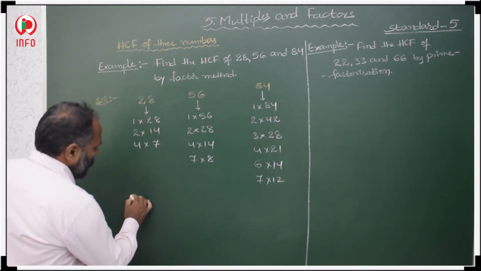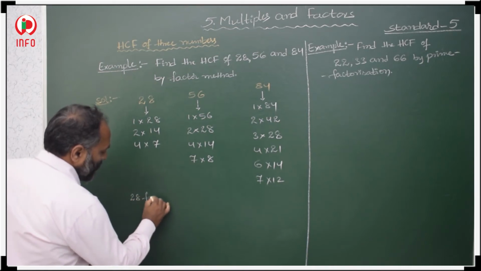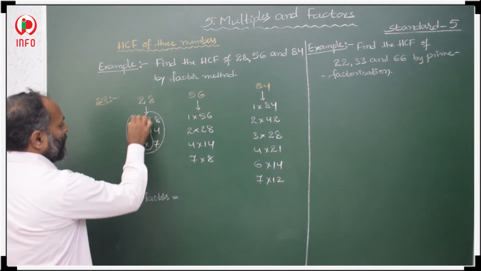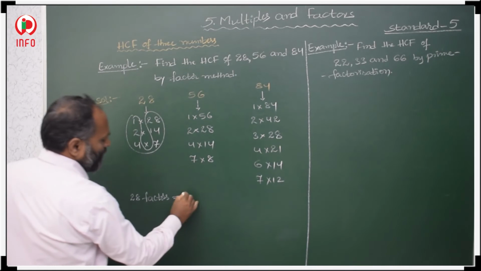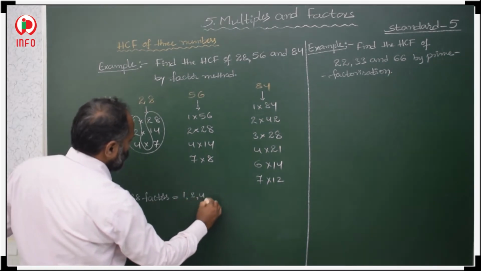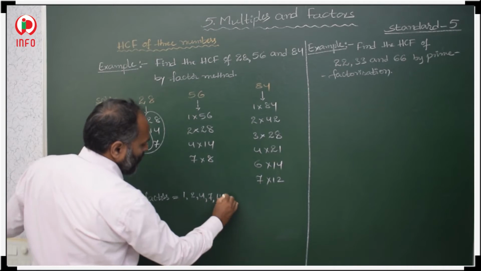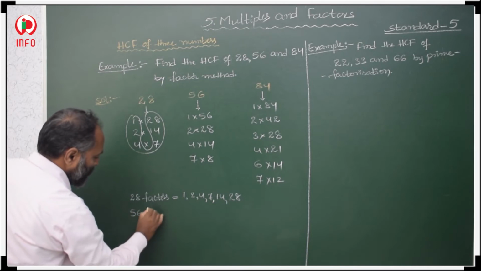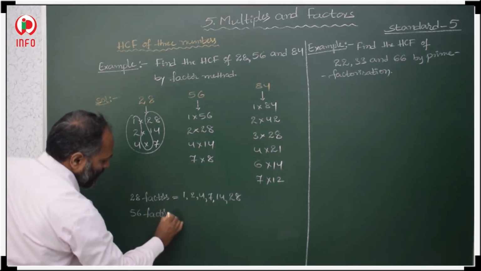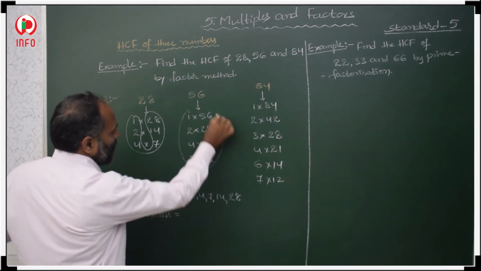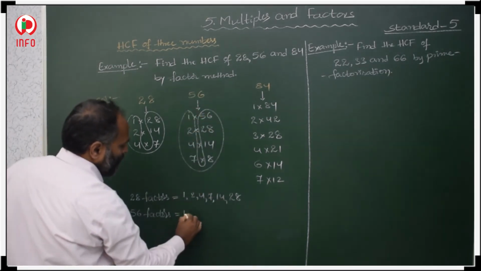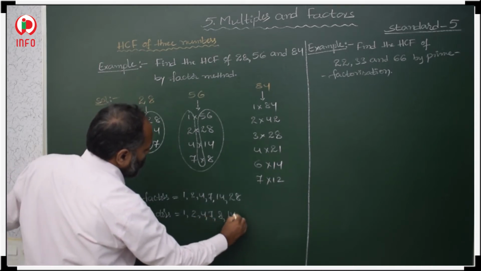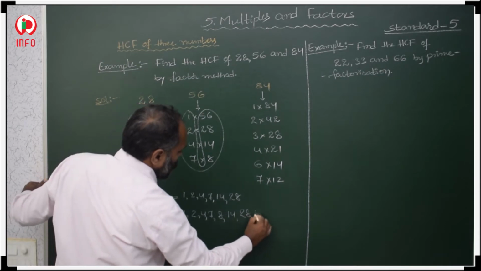Now take the factors of 28 in U shape: 1, 2, 4, 7, 14, 28. Then after that the factors of 56. What are the factors of 56 in U shape? 1, 2, 4, 7, 8, 14, 28, 56.